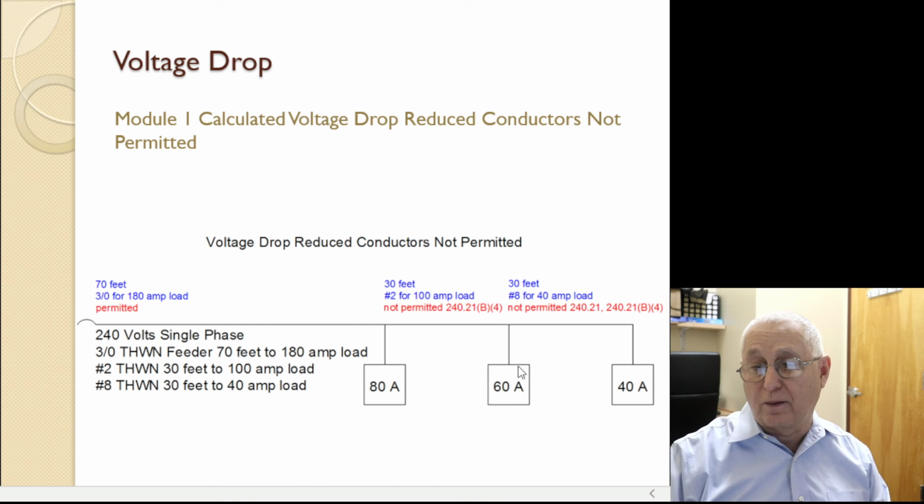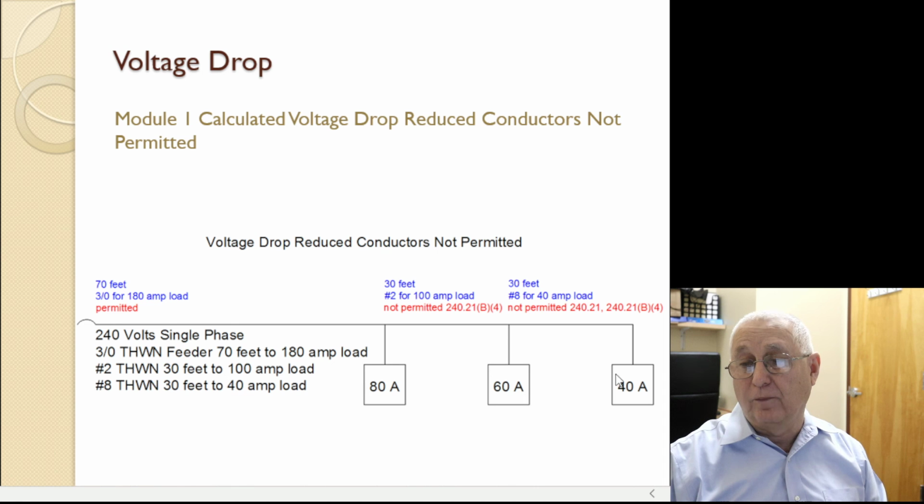So we would be putting a 3-aught conductor here, a number 2 conductor there, and a number 8 here.